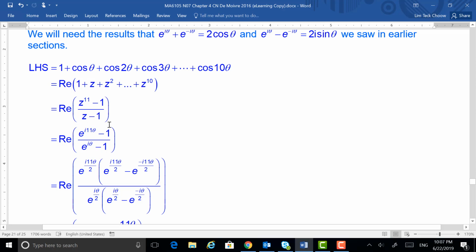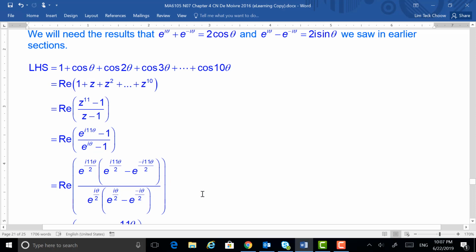With this fraction, one way to go about it is to rewrite the numerator as this, and rewrite the denominator as this. You check: if you take this times this, you get this. You take this times the second one, you actually get 1. Likewise for the denominator, if you take this times this, you add the powers, you get this. You take this times this, you add the powers, you get e to the power 0, which is 1.